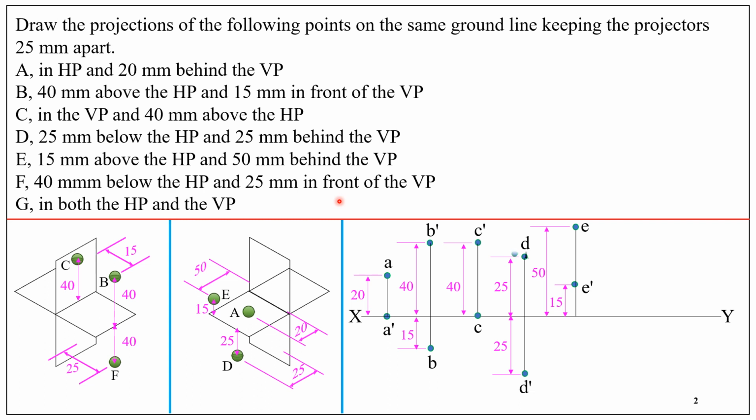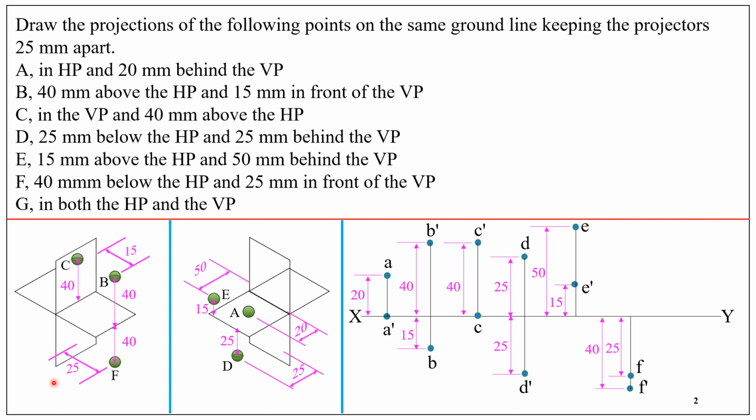Mark the front view first, F dash, below XY line, and the top view point F will also come below XY line. For that, mark a point F. What is the distance between F dash and XY line? Which is 40, this distance, and the distance between point F and XY line is 25. That means the distance of the point in front of the vertical plane.